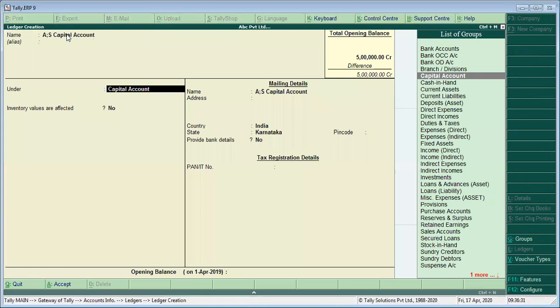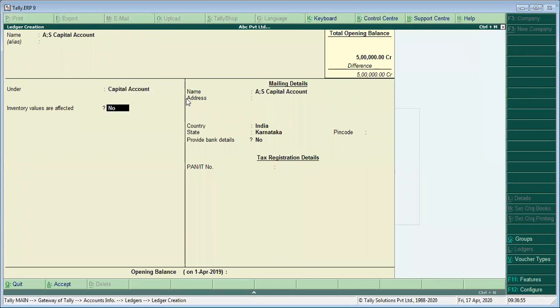See, the list of groups also appears on the side of your screen. Automatically, when you give any type of transaction in ledger creation, the list of groups also appears. So the capital account falls under the group capital account only. So just give the information.